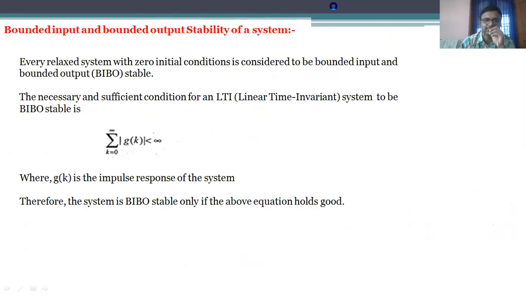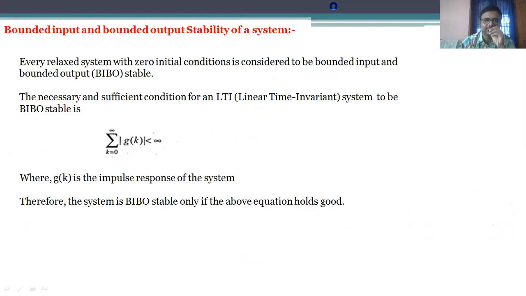The necessary and sufficient condition for a linear time invariant system to be BIBO stable is the sum over k of the modulus of g of k being finite, where g of k is called the impulse response of the system.